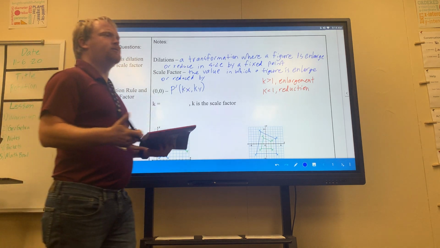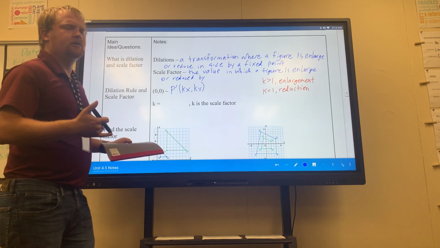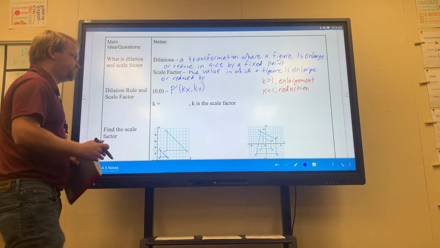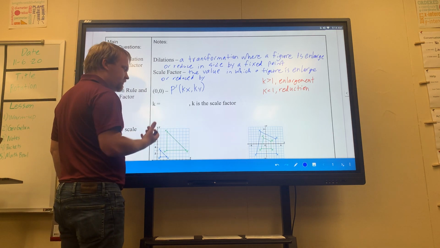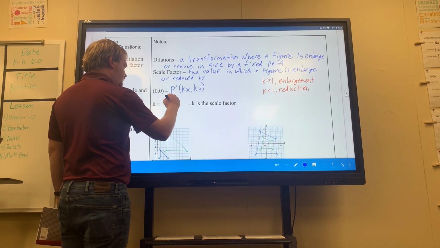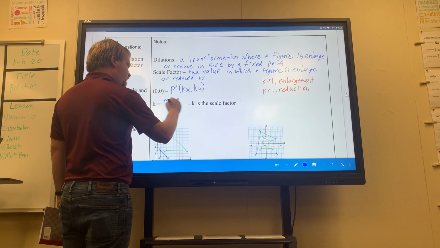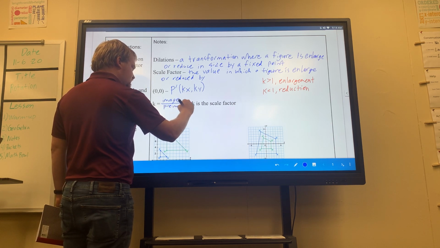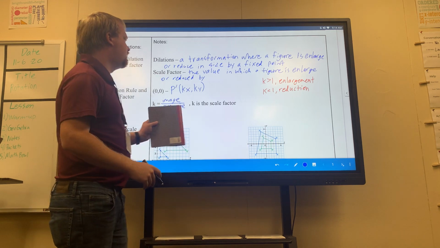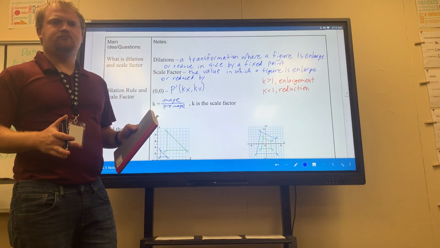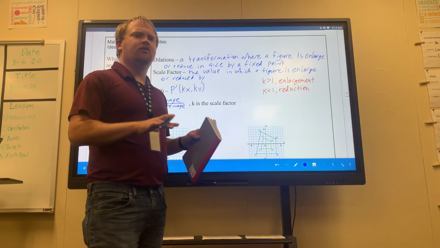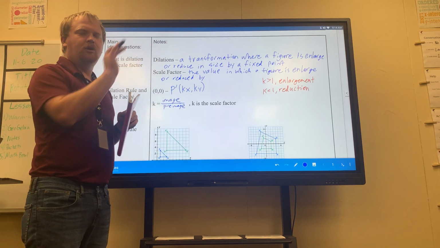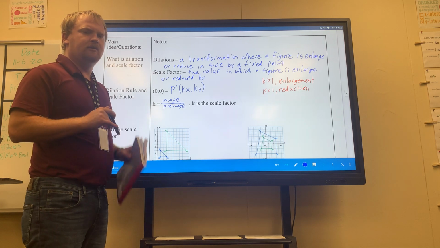So basically, all we have to do is multiply by the value, and we get our dilation. Now, how do we find scale factor? Well, scale factor is the image divided by the pre-image. And again, k is the scale factor. Whatever the value of k is, you're multiplying it by that point.